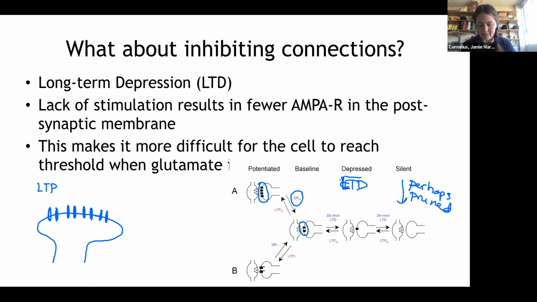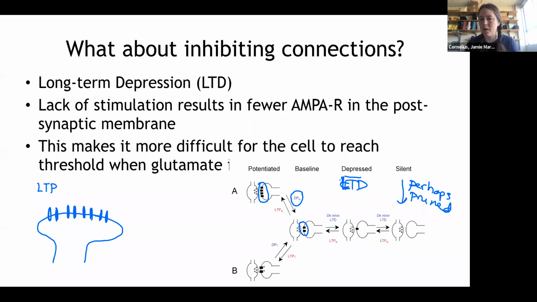Especially during early development, if it wasn't being used at all, because that's one way for a neuron to know, okay, I branched out and made 5 connections in these different regions in the ICX. The only one that's being used is synapse C. And so over time, all the other synapses are going to be eventually retracted.